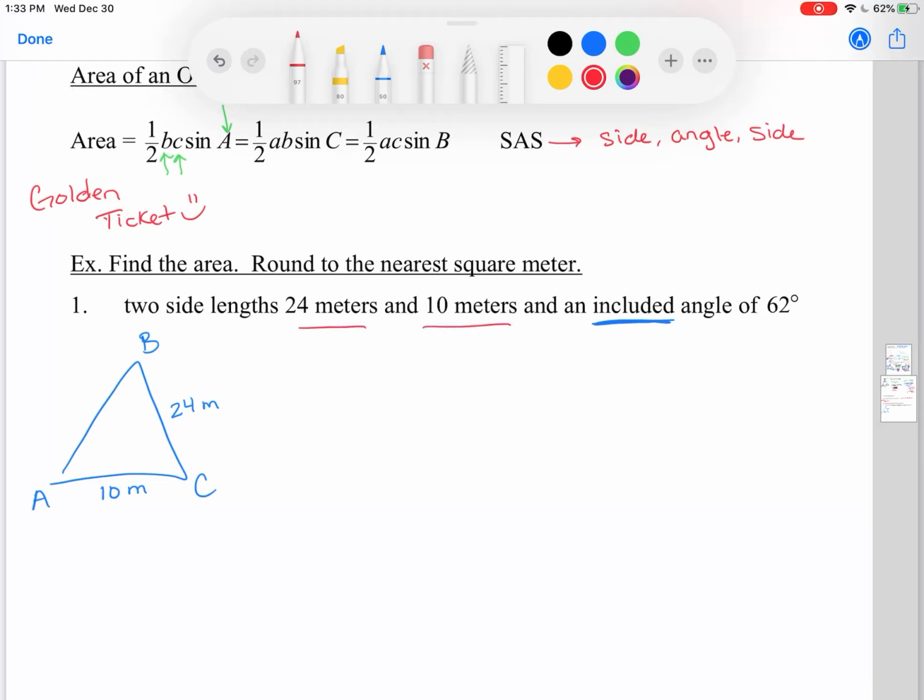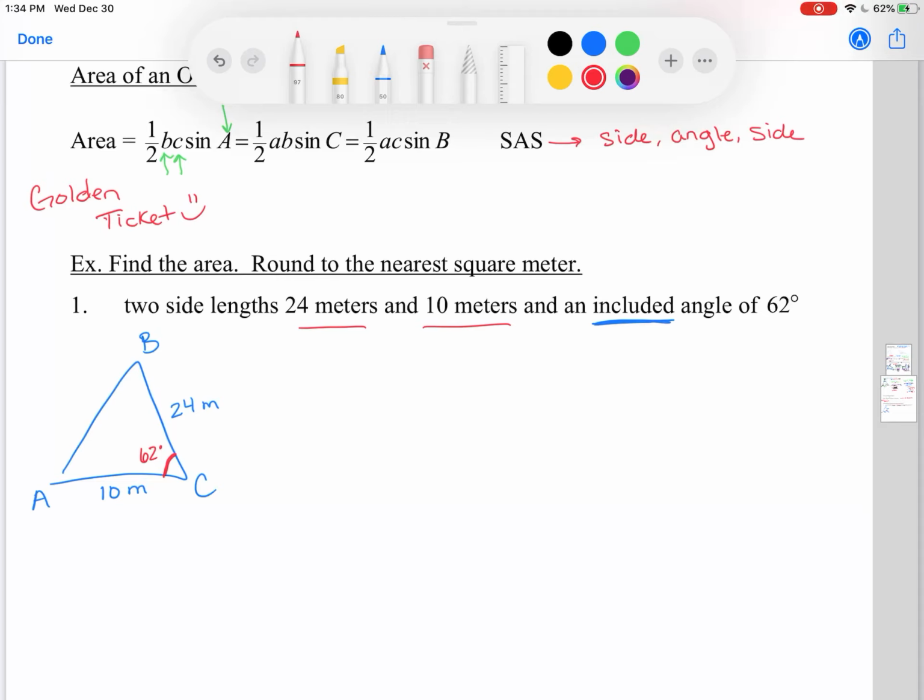So that 62 has to go between the two sides you just found. Take a look at your picture. If it matches mine, great. If it doesn't, just make sure that angle is set between the two side lengths you labeled. Your formula might look a little different, but our answer should still be the same at the end.